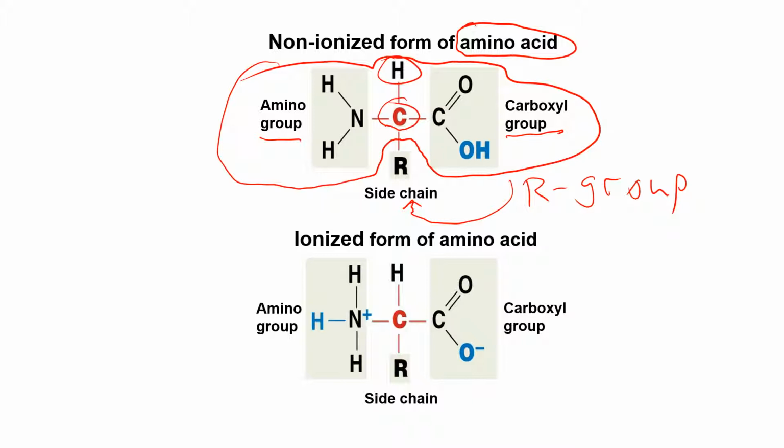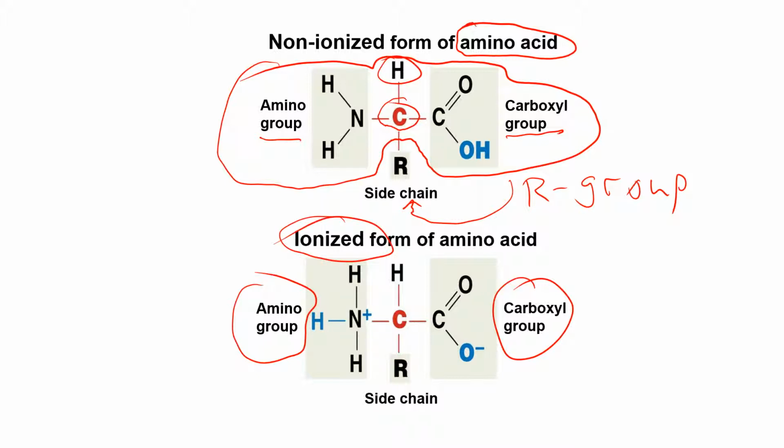If you will recall, your carboxyl group can function as an acid, and your amino group can function as a base. Now in the body, at the pH of the blood, your amino acids are going to be ionized.